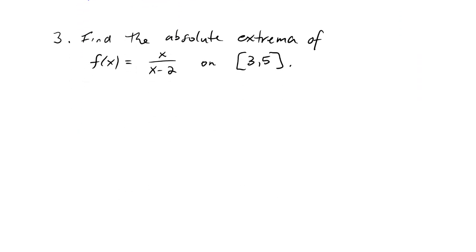All right. How about x over x minus 2? All right, well, as usual, start with the derivative. All right, quotient rule, the top is 1 times the bottom minus the top times the derivative of the bottom over the bottom squared.